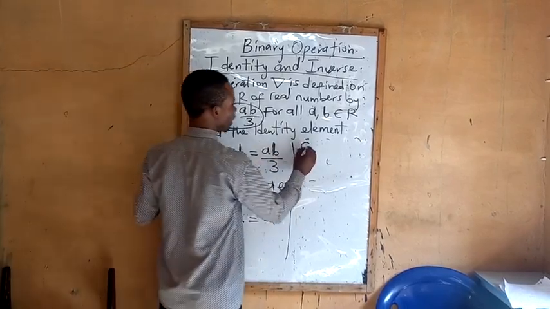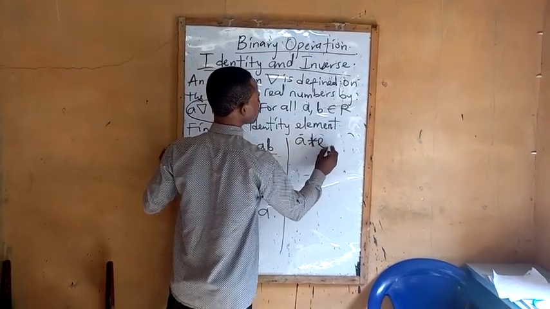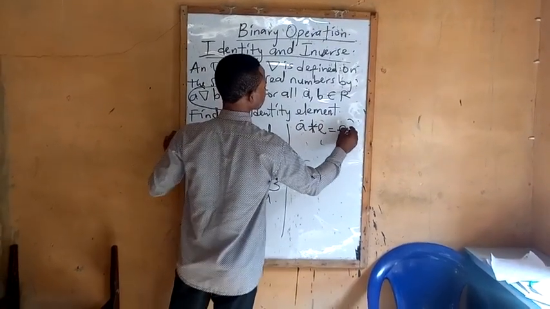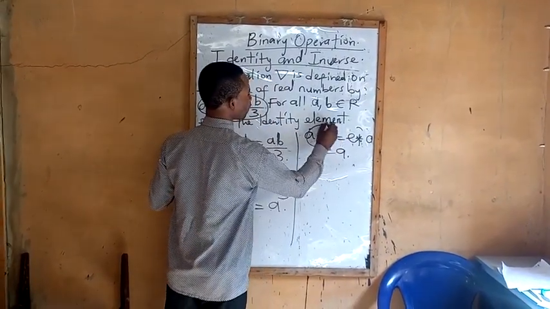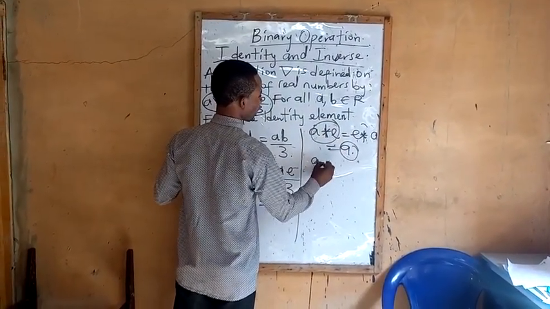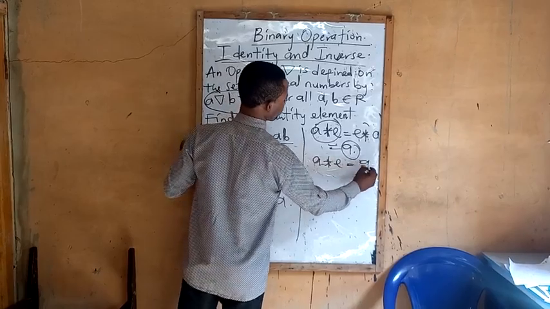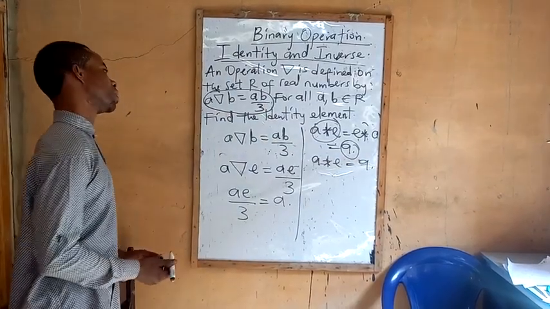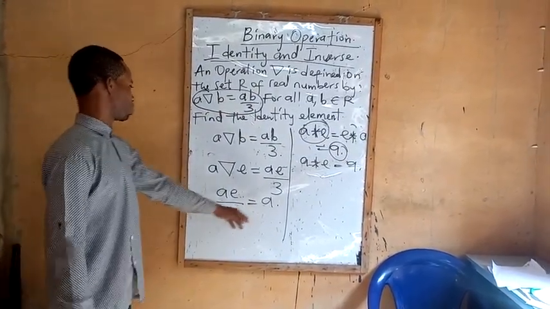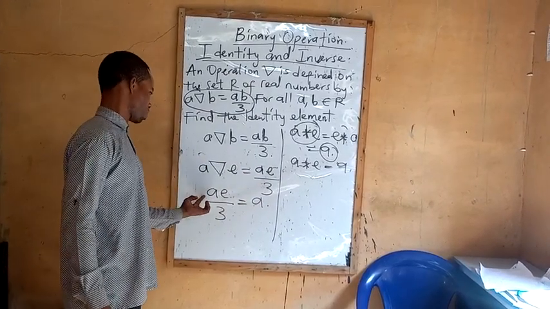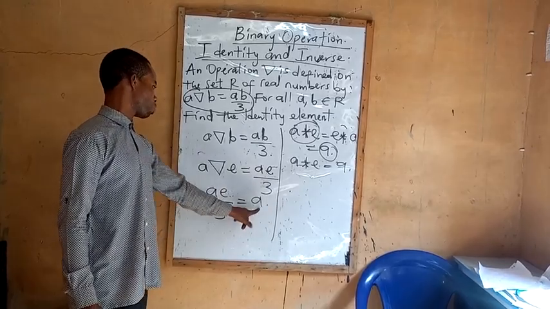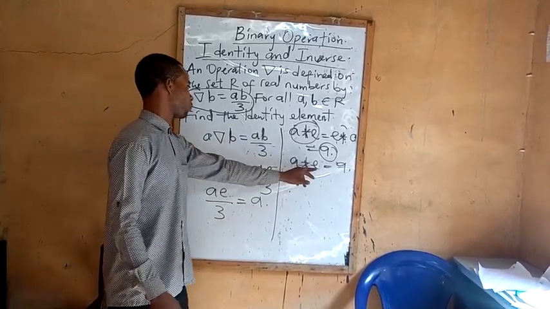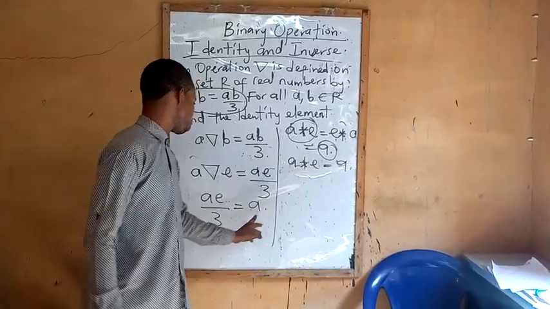Our formula says A asterisk E equals E asterisk A, everything equals A. That's why, after I've written this, A, E all over 3 equals A, because I have to follow the pattern for identity.